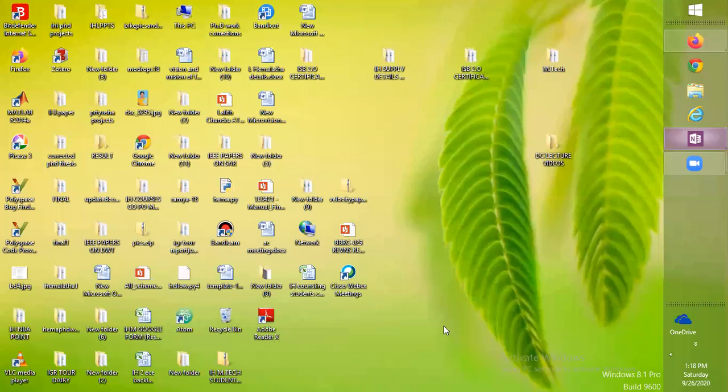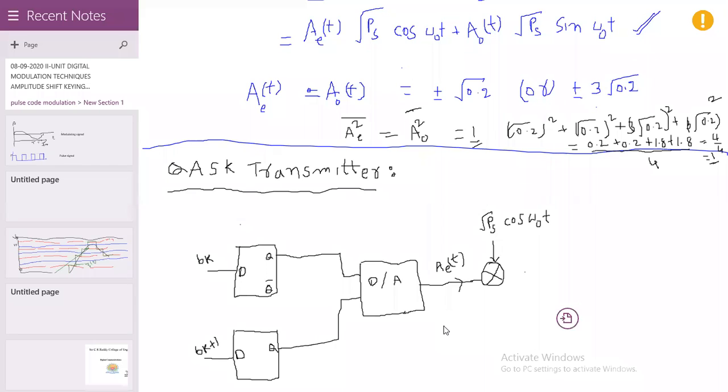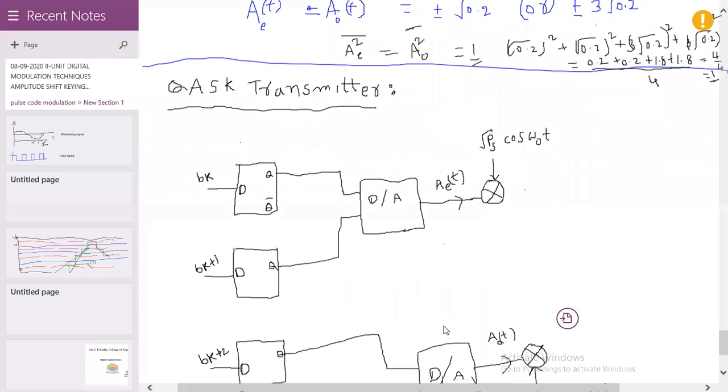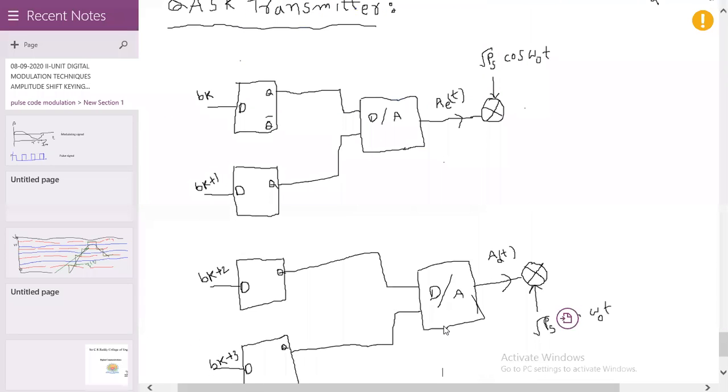Okay. Now we discuss the QASK transmitter. This is a 16 QASK transmitter. In a 16 QASK transmitter, each symbol consists of 4 bits. That's why I took 4 bits: BK, BK plus 1, BK plus 2, BK plus 3.